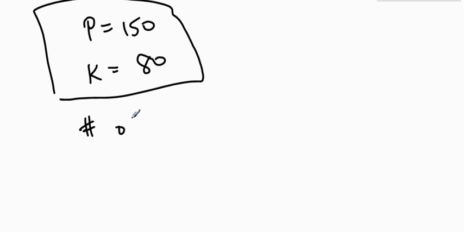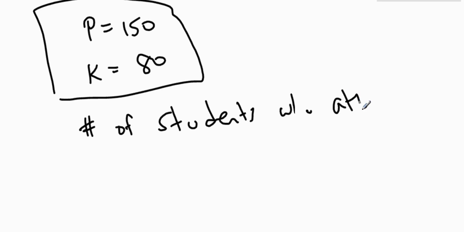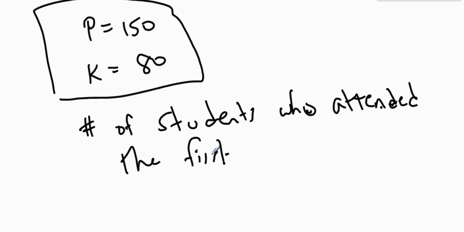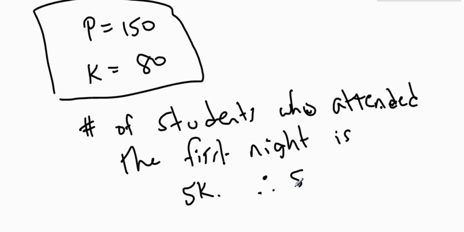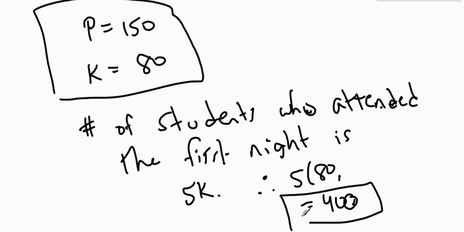So let's go back to where we had K and P. The number of students who attended the first night is 5K. Therefore, 5 times 80. Therefore, there were 400 students who attended the first night.